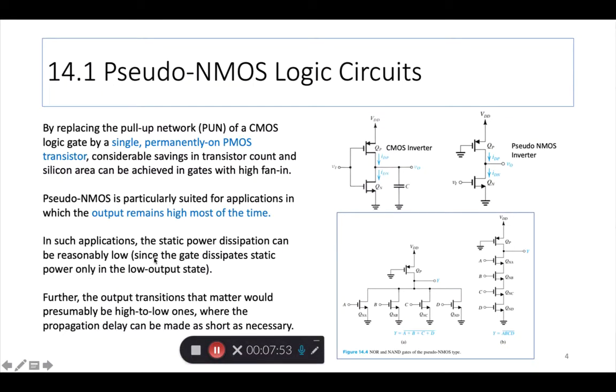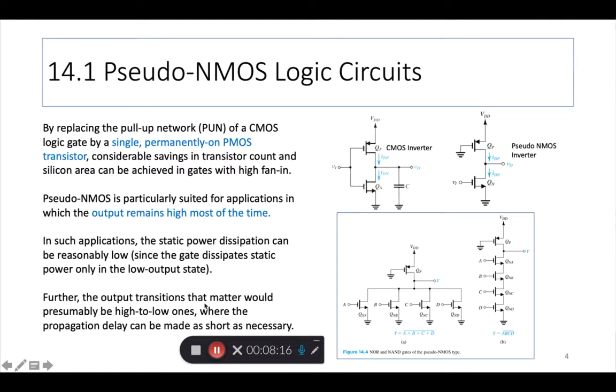in such applications where the output remains high most of the time, the static power dissipation can be reasonably low, since the gate dissipates static power only in the low output state, right? So this gate only dissipates power in the low output state, and we never get to low output. Most of the time we are high, so power is saved.